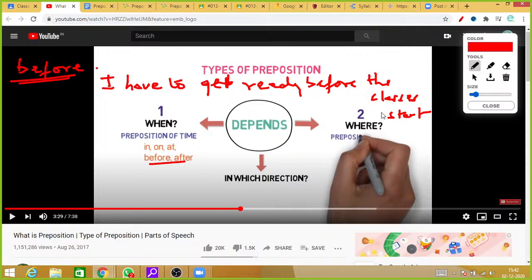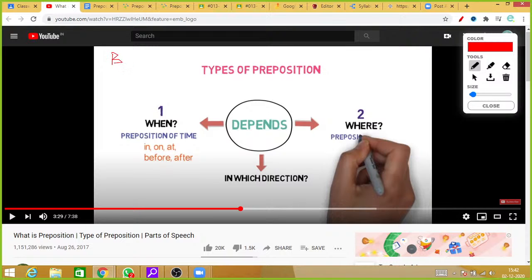I don't know why. Okay. Before. So when do I have to get ready? Before the classes start. So this is the event. The event is the starting of the class. So before the classes start, I have to. So this is also a preposition of time. Okay? So before. And after is similar to before, but before is past ka, after is after the event occurs.